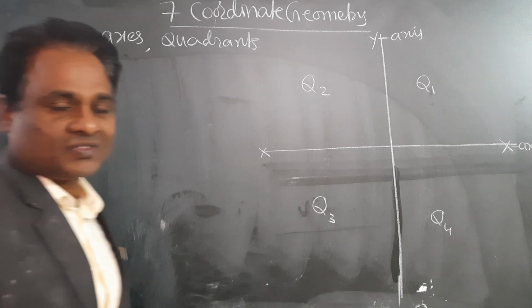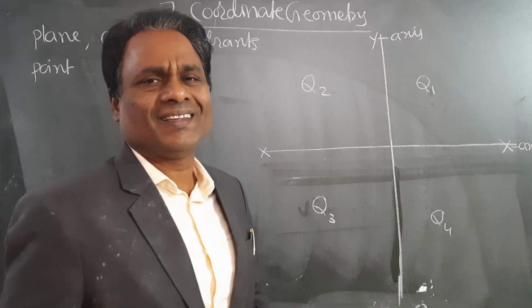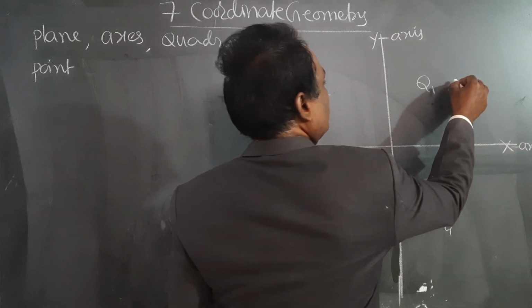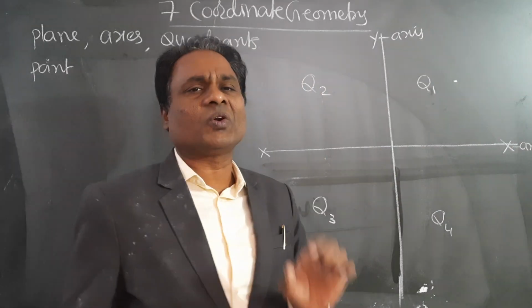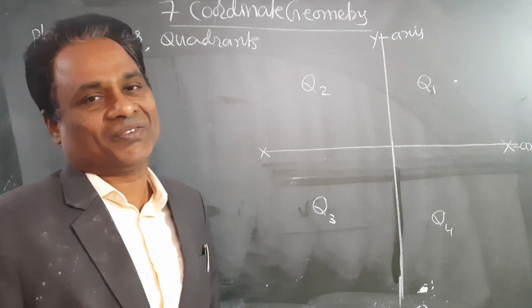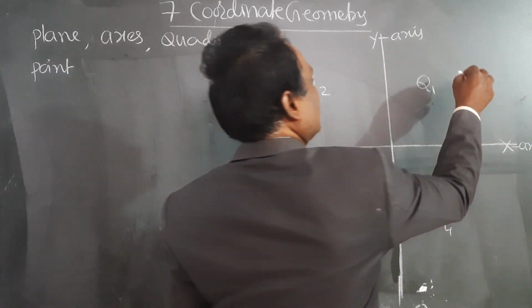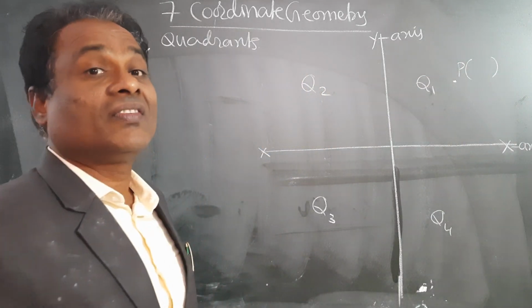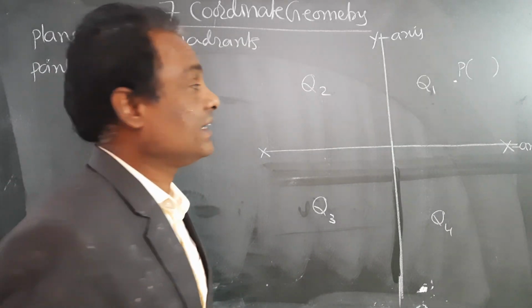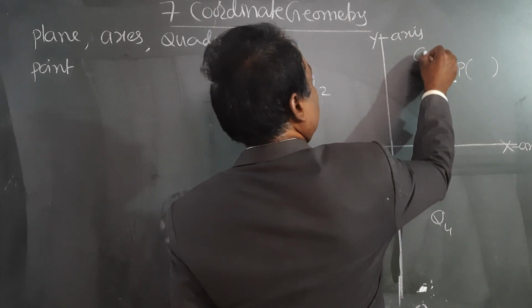Now, in this, suppose if this is a point, every point in this system is denoted by two numbers, two values. The first number is called x coordinate, the second number is called y coordinate. See here students.